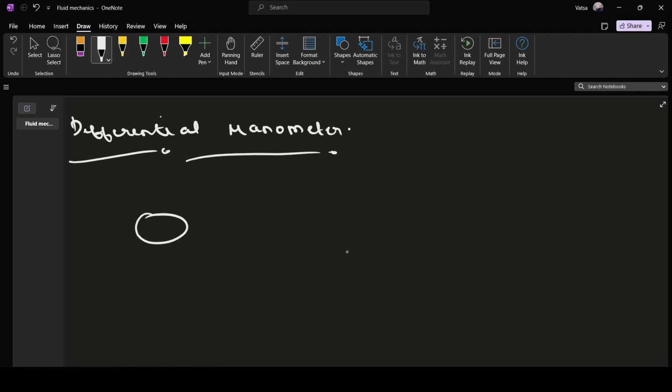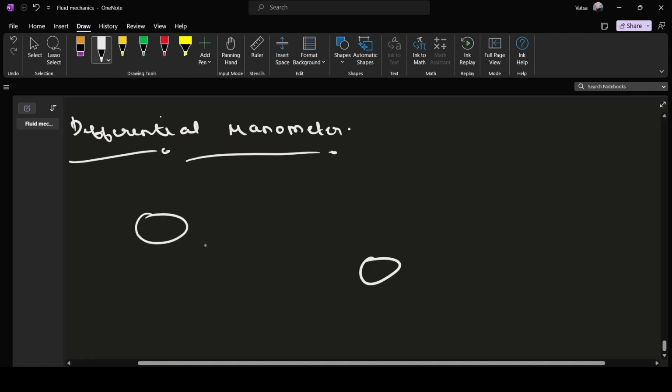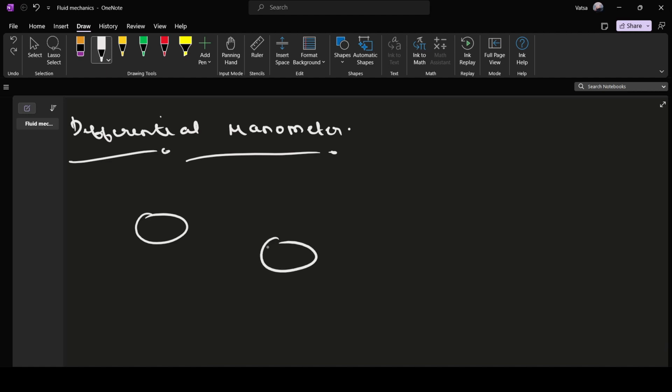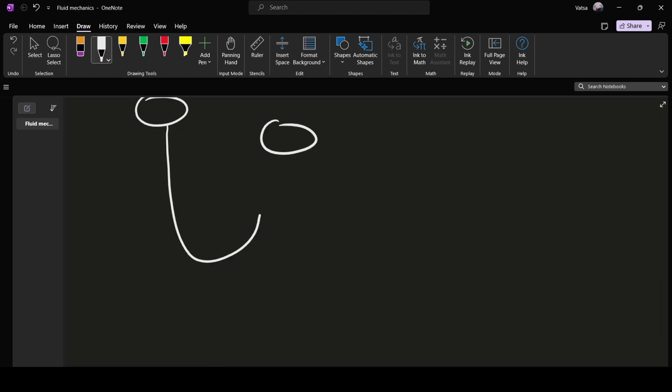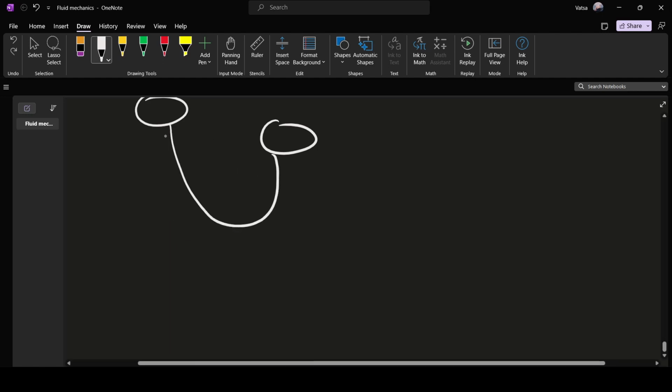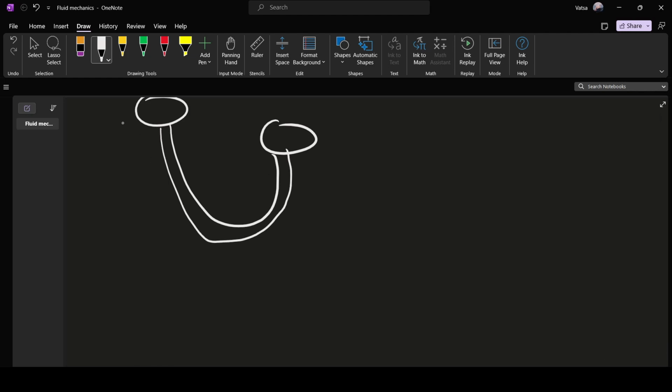There is one ball here, there is another ball at a different height, and it is connected by a U-tube manometer. That's it. Wait, I'll draw a little bit better. So this is connected by a tube, kind of like this, whatever. And we'll do all our calculations based on this side, which was atmospheric pressure in the U-tube manometer.